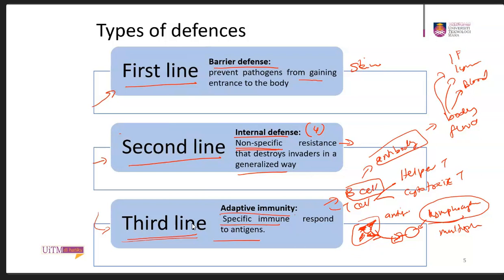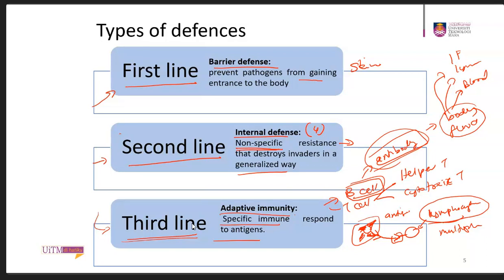So B cells produce antibody that circulates in your body fluid, interstitial fluid, lymph, and also blood. So this is the humoral immune response. Its function is to attack any pathogen found in your body fluid, found extracellular.